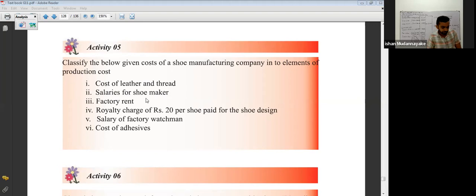Indirect other. Yes, indirect other. Royalty charge of 20 per shoe paid for shoe design. Royalty charge payment, 20 per shoe. Then how to classify?